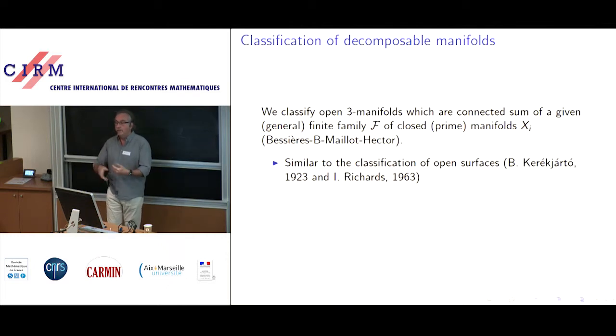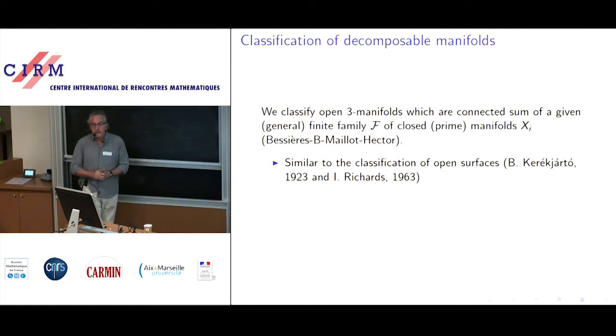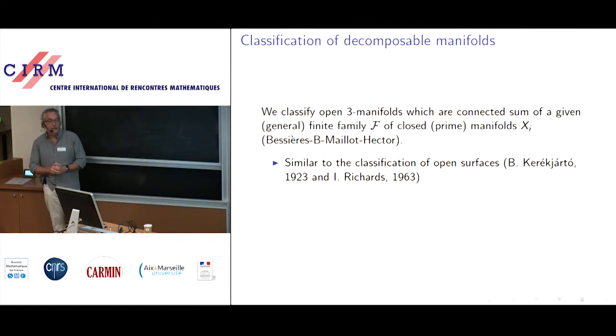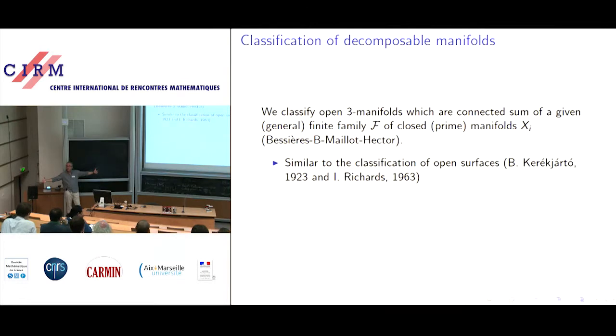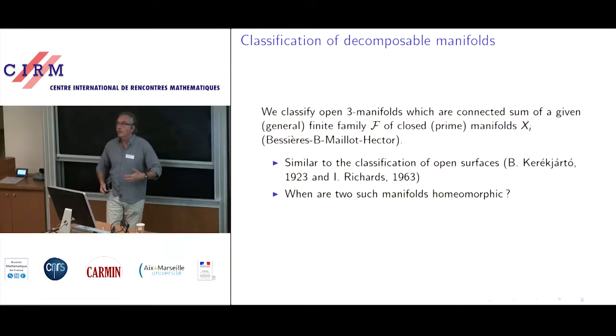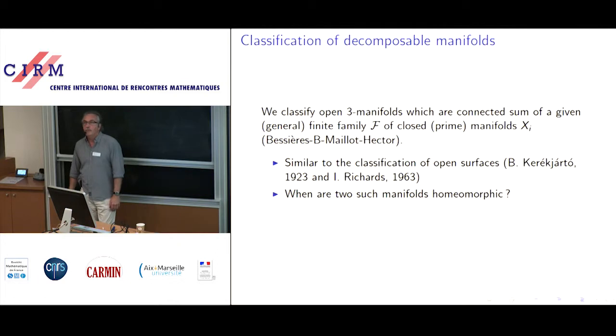The proof was not complete, and it was fixed in 1963 by Richards. By classification, I mean addressing the same question. You have two open surfaces of infinite topology. When can you say that they are homeomorphic?